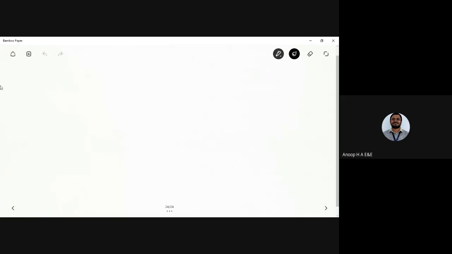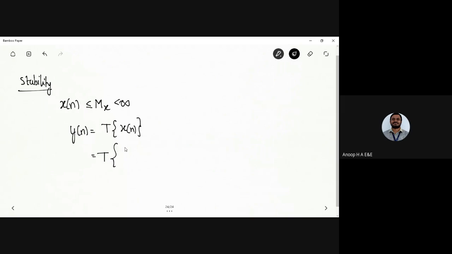Next we are going to have stability. The system is said to be stable in nature, so there is no change here. x of n is less than or equal to Mx, which is less than infinity. So I have y of n equal to the T operator on x of n, that is nothing but the T operator applied on 2 of x of n times u of n, which is less than or equal to My, which is less than infinity.